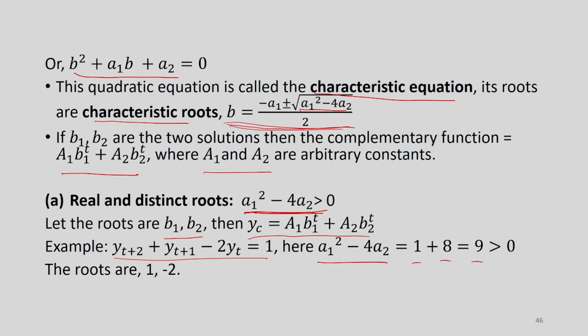Here the roots will be real and distinct, and as it turns out, the roots are 1 and minus 2. So, this 1 and minus 2 will be substituted here as b1 and b2. So, this was the first case where the roots are real and distinct, and we have seen what is the complementary function in this case.